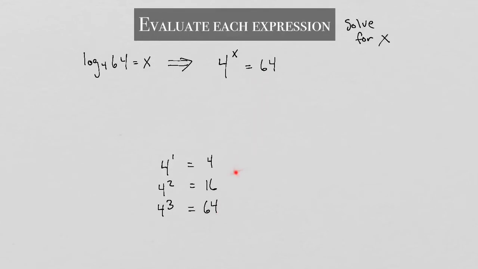That's what I was looking for. So I realize that 4 cubed equals 64, and x equals 3. That means log base 4 of 64 equals 3. This is what we were solving for. That's the purpose of these logarithms, because we don't know what this exponent is.